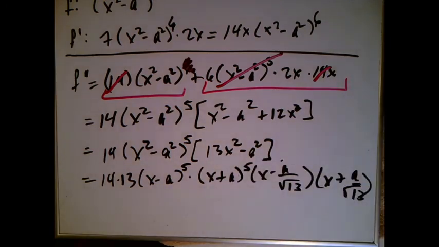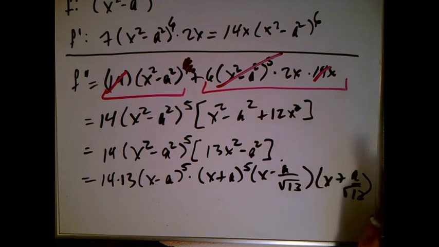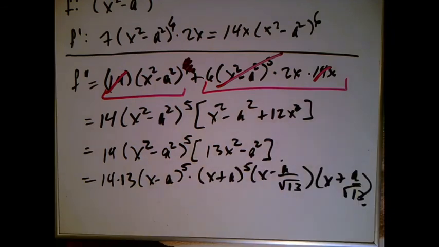And we can see, for example, if we're going to start making a sign chart, that a has to go on the sign chart, and minus a has to go on the sign chart, and a over root 13 has to go on the sign chart, and minus a over root 13 has to go on the sign chart. So that is finding and simplifying the second derivative. You should go do your turn.